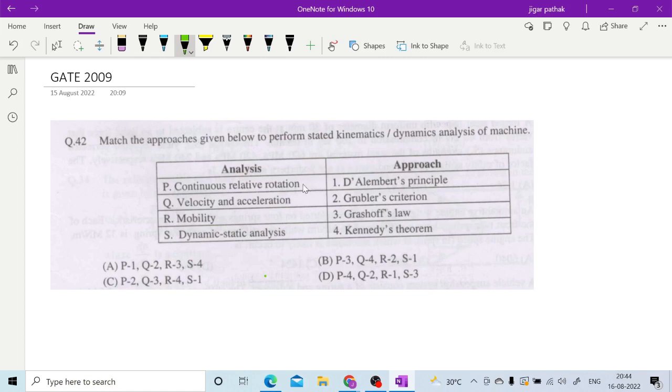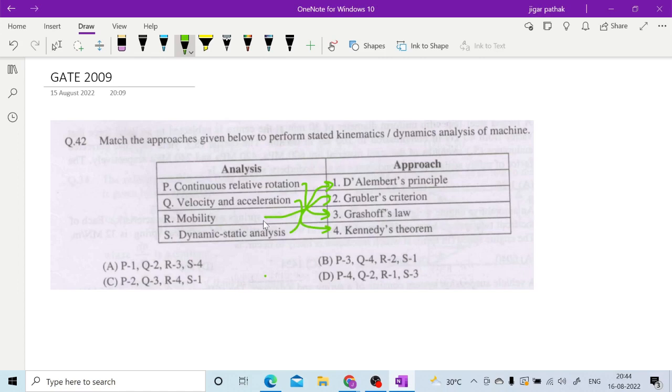Grashof's law. Okay, so this will be here. Then velocity and acceleration, Kennedy, mobility, Gruebler's criterion, mobility and dynamic analysis, DLM. Right, so correct.